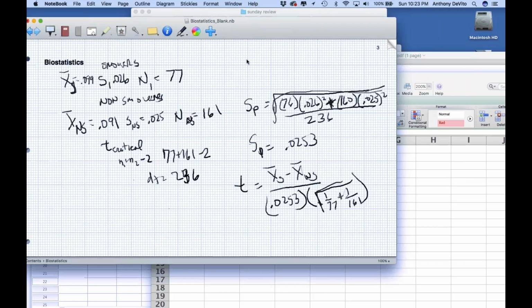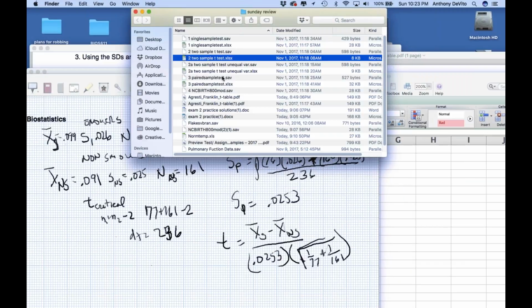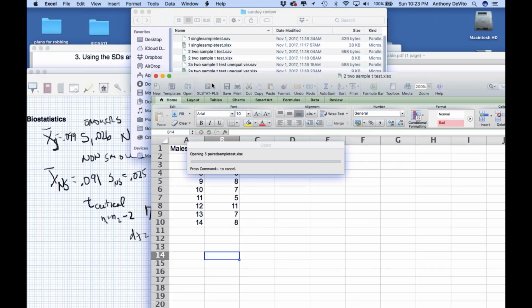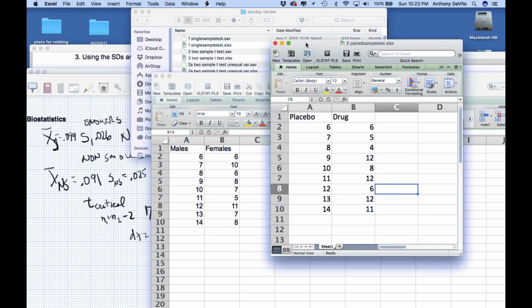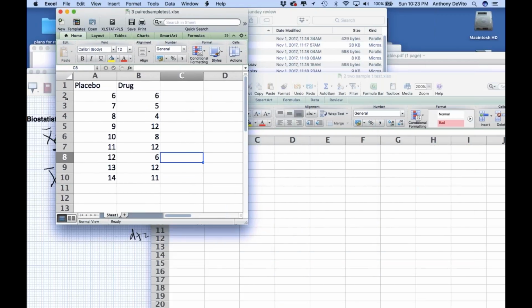Okay, so in other words, if I can pull up an example here, paired sample t-test, I'm going to look at it in Excel. So in this one, each person, this number two, this person over here, took a placebo for 2 weeks, and their blood level for whatever measurement we were taking was 6. Then they took the drug for 2 weeks, and there was no change. Well, this person took the placebo was 7, but the drug reduced it to 5.